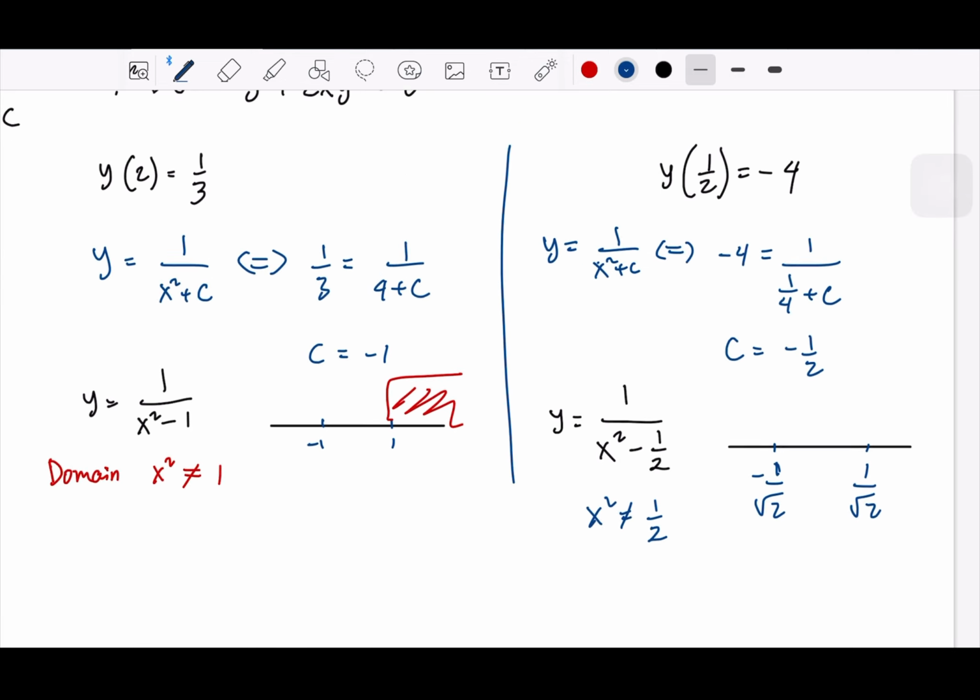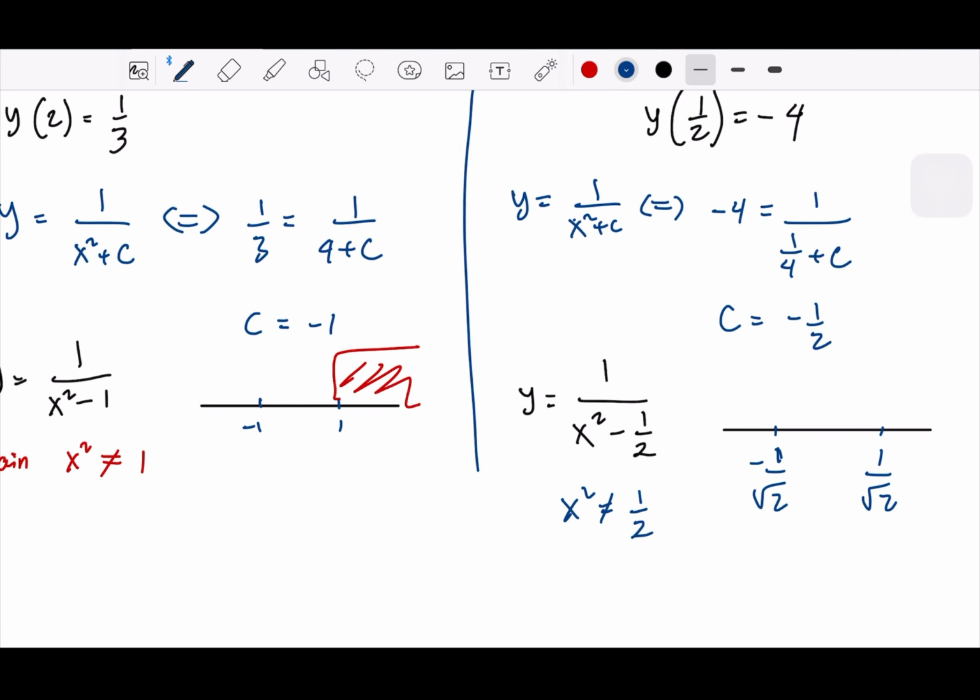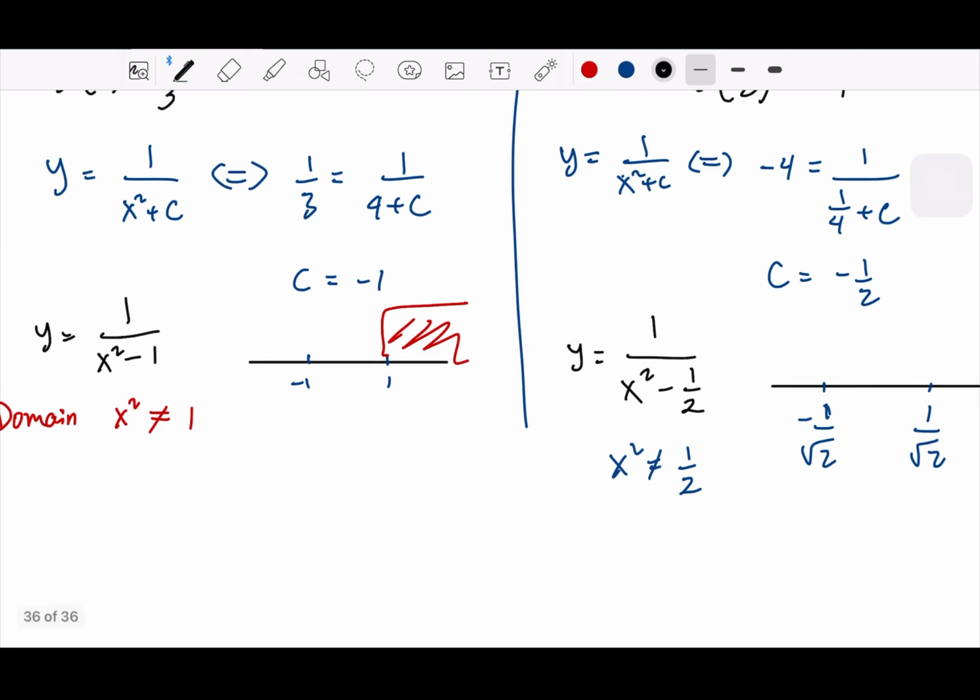The point is 1 over 2, which is in the middle. If you check the graph, it is in the middle. So the solution curve that fits the point is between these two intervals. That's the solution interval. You need to write the interval: the left one is from 1 to infinity, and this one is between these two.